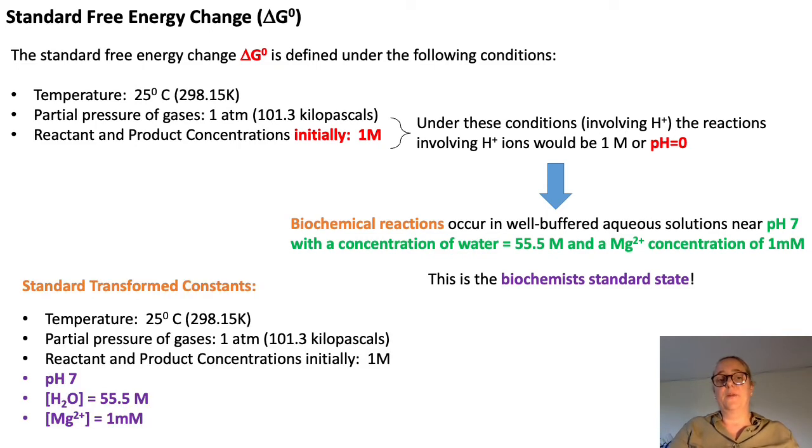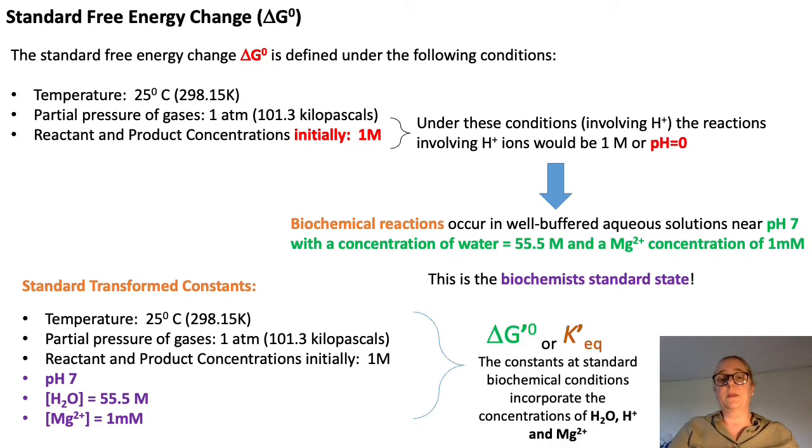In a standard transformed constant, the temperature is 25 degrees, the partial pressure of gases is 1 atm, reactant and product concentrations are 1 molar, pH is 7, water is at 55.5 molar and magnesium at 1 millimolar. So the constants, all at the standard biochemical conditions, incorporate the concentrations of water, hydrogen and magnesium.